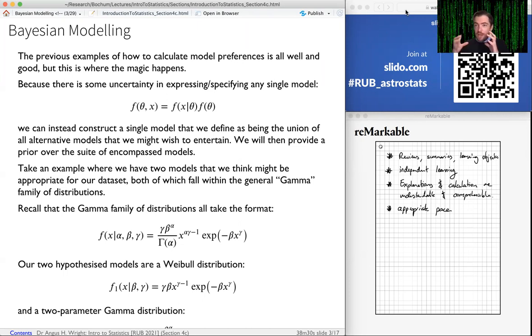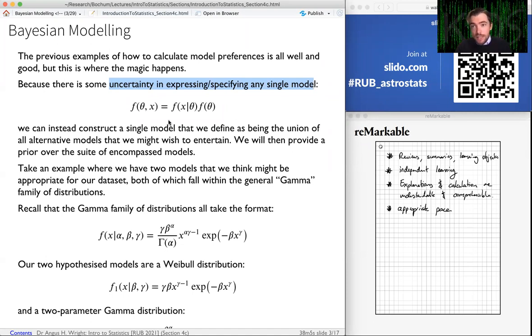We went through this process and came up with a way of constructing Bayesian hypothesis testing, which was by taking two models and comparing the posteriors of those two models. But we were left with the idea that there's always some uncertainty in specifying a single model, a single likelihood.